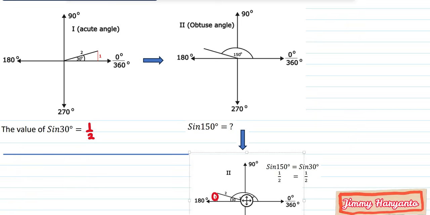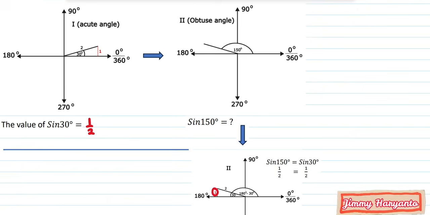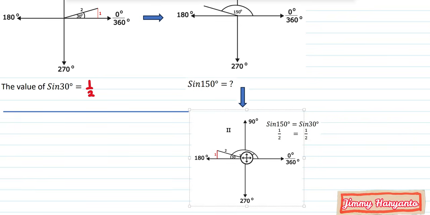The opposite is 1, the hypotenuse is 2. So the value of sine 150 degree will become half. And it's exactly the same as sine 30 degree. So from this experiment, we can think, oh, I can change the 150 degree into 30 degree when we use 180 degree as the reference angle.